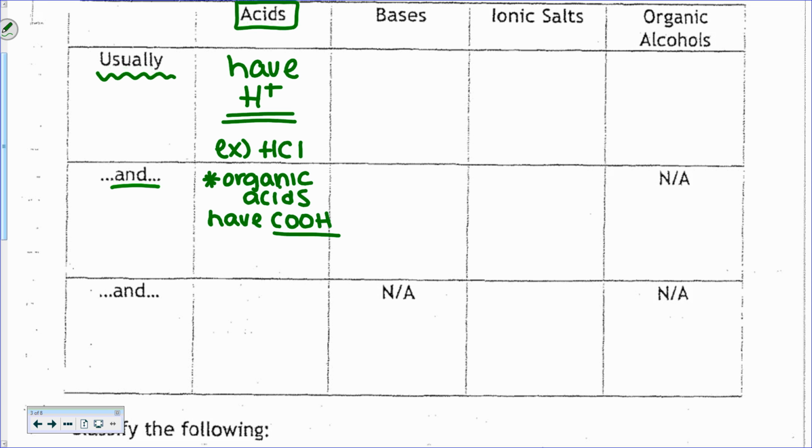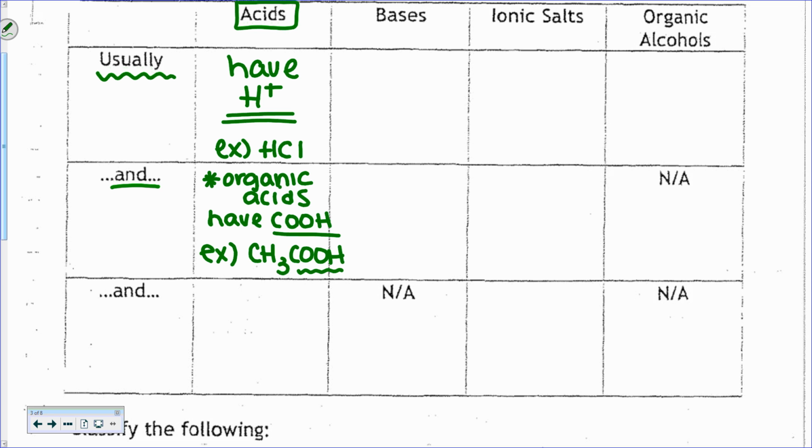Notice it's got an OH, but it has another O. So two O's, an H, and a C. You see that like that? It is an organic acid. An example of that might be CH3COOH. Because I see that COO, I know it's an acid.